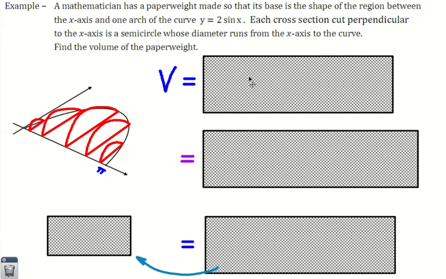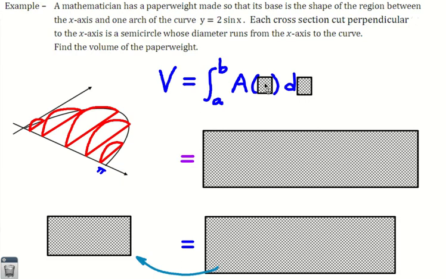So is it going to be dx or dy? Change in x again. So this is going to be A of x. And so we have to represent the area of a typical cross-sectional half circle.